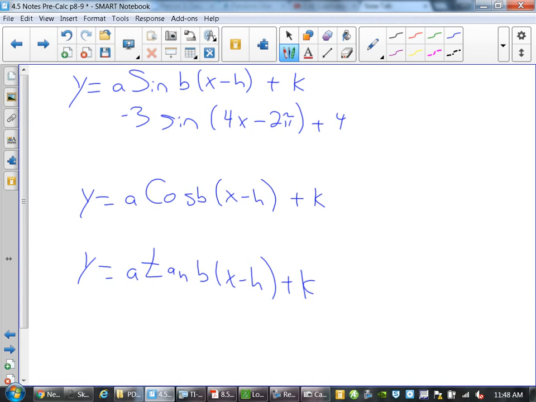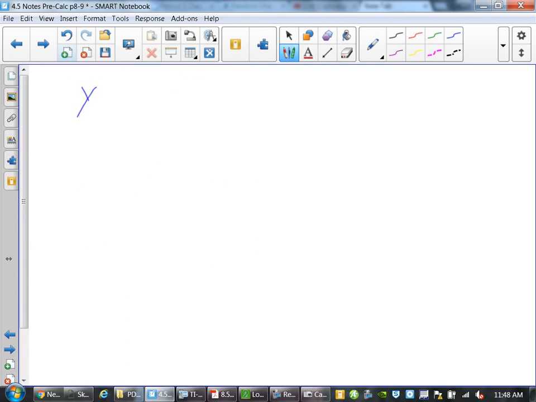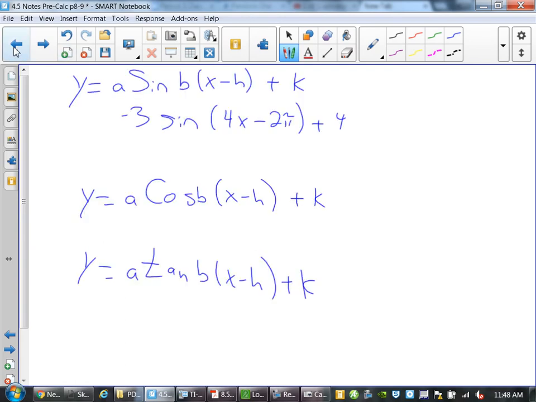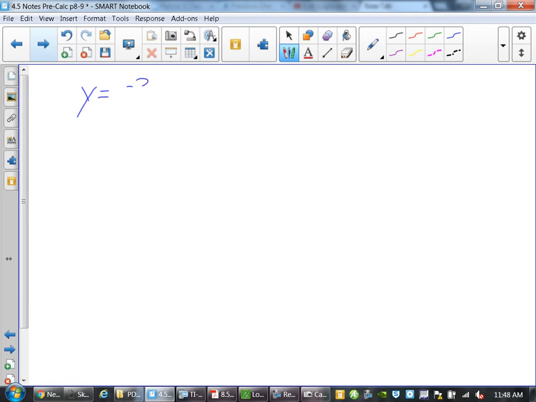So let's look at an example of doing one of these. Let's just do that one. Y equals, what did I have? -3 sine of 4x minus 2 pi plus 4. So it's a sine graph.